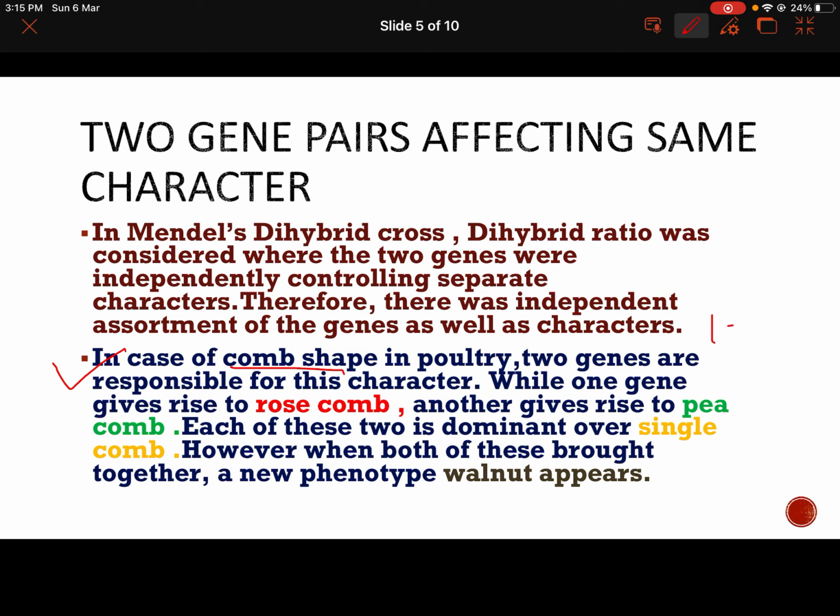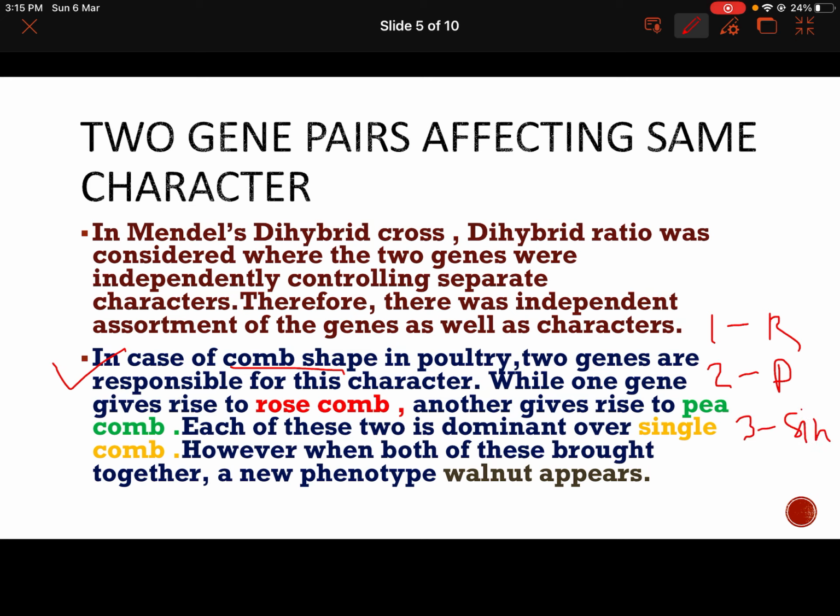One gene will give rise to rose comb, another gives rise to pea comb. Each of these two is dominant over single comb, and the third scenario is single comb.